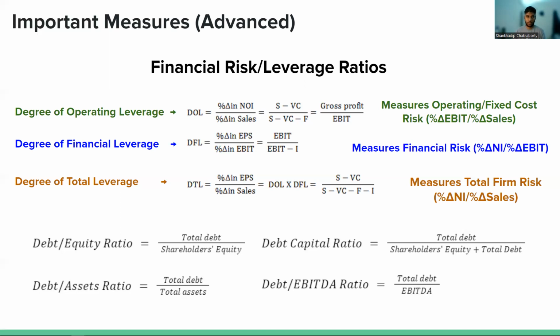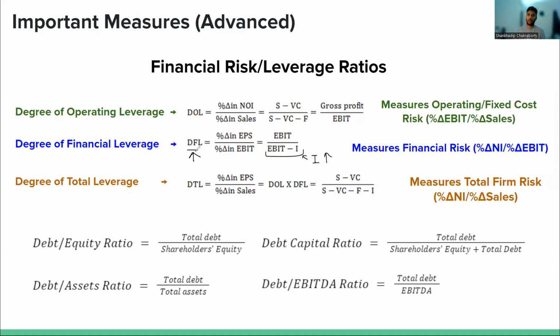Because let's just look at this mathematically. EBIT minus I, right? If I have a lot of I, as I goes up, then DFL also goes up because you're decreasing the denominator, right? So when you decrease the denominator by increasing I, you're increasing leverage, which makes sense.